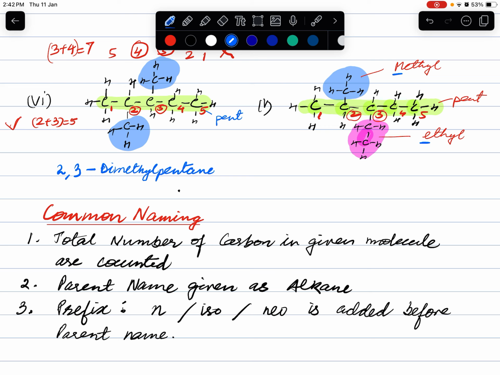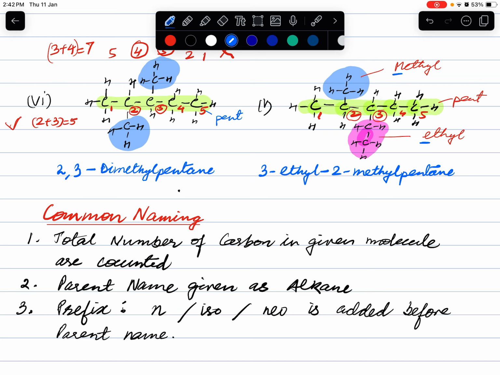Therefore, ethyl will be written first. Now ethyl is attached on which carbon? Third carbon. So therefore it will be 3-ethyl. Then we write 2-methyl. Just have a look here. Every number and alphabet is separated by dash. And parent compound is pentane, so pentane.